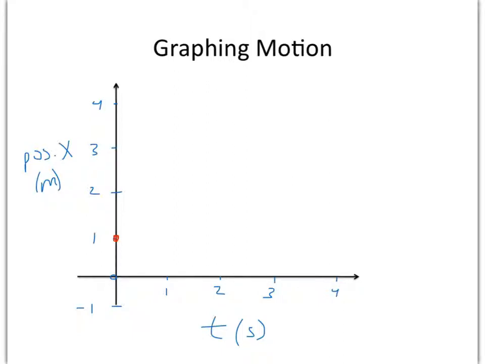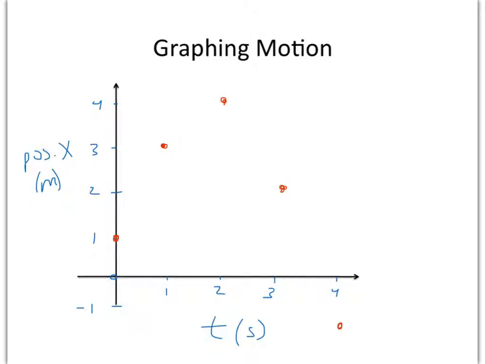When time equals 1 second, the object is at position 3 meters from the origin. At 2 seconds, the object is at 4 meters from the origin. At time equals 3 seconds, the object is at 2 meters. And at 4 seconds, the object is actually at negative 1 meter.